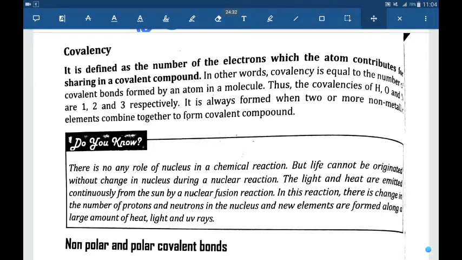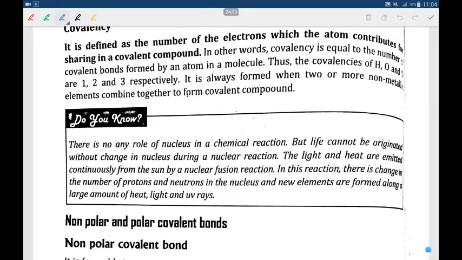Covalency. When we studied about covalent bond, now after reading covalent bond, we are going to study about covalency. What is covalency?